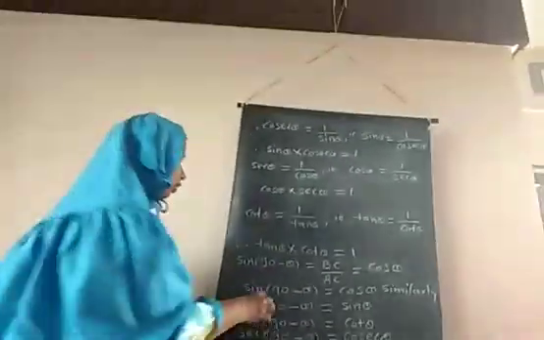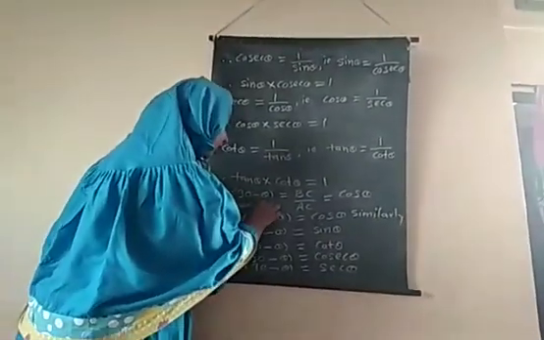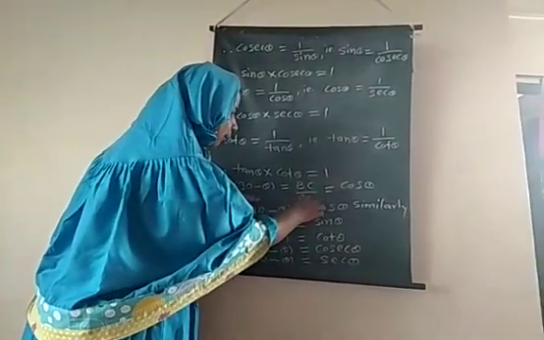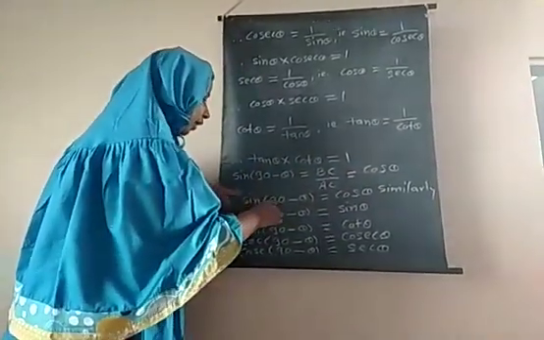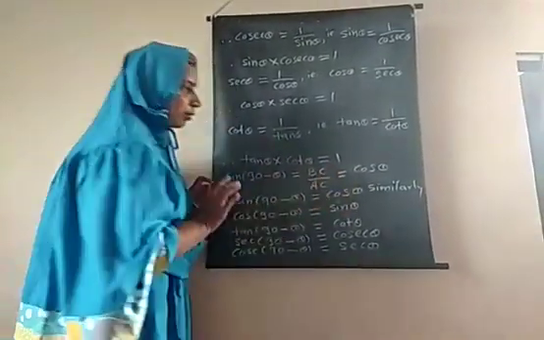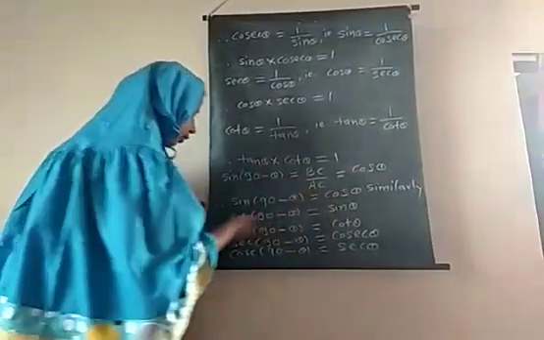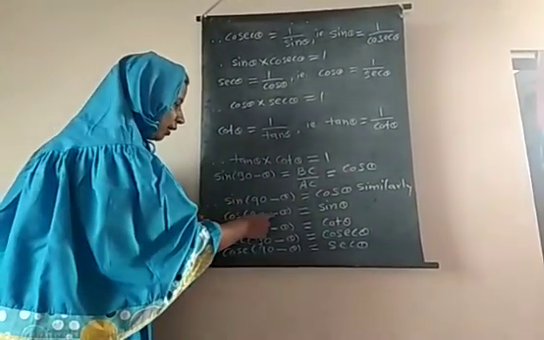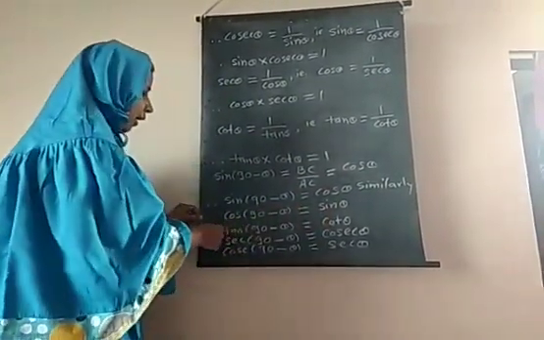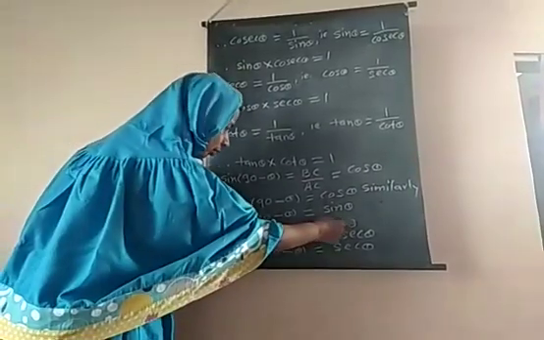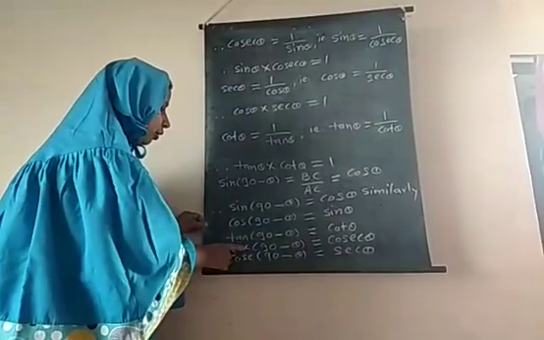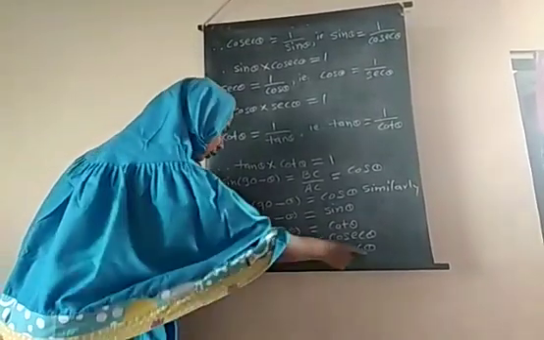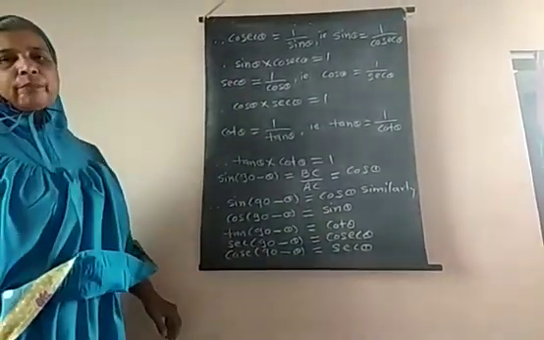So the next relation is sin 90 minus theta is equal to BC upon AC, which is equal to cos theta. Therefore sin 90 minus theta is equal to cos theta. Similarly, the other ratios are: cos 90 minus theta is equal to sin theta, tan 90 minus theta is equal to cot theta, sec 90 minus theta is equal to cosec theta, and cosec 90 minus theta is equal to sec theta.